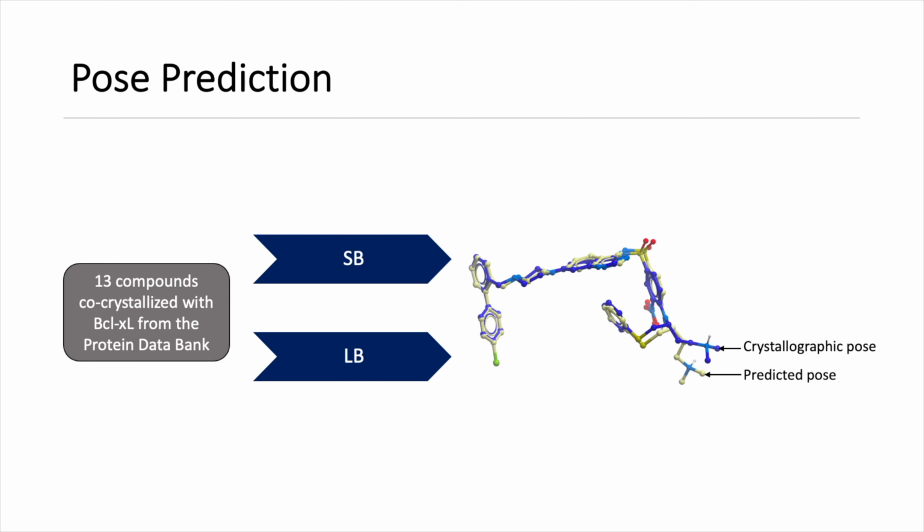For each compound, the crystallographic or native pose and predicted pose were superimposed, and the distance between native and predicted was calculated as root mean square deviation, or RMSD, in angstroms. In theory, good pose prediction entails that the predicted pose is very similar to the native pose, resulting in an RMSD lower than 2 angstroms as a cutoff.